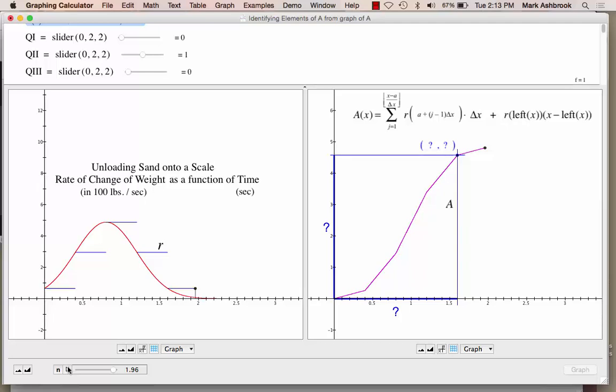It has a name, or it has a way of getting it. Volunteer. He wants left x. Is it the left side of the current interval? Yeah, that's what it is. It's also the right side of the last completed interval.